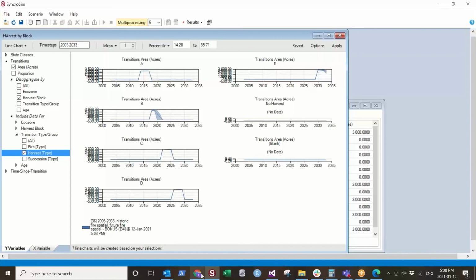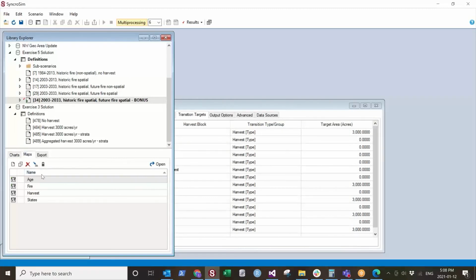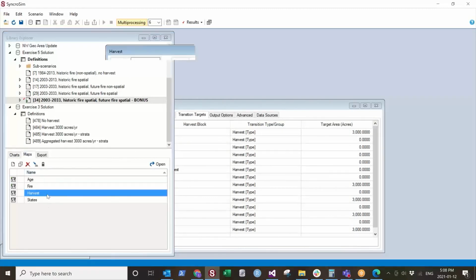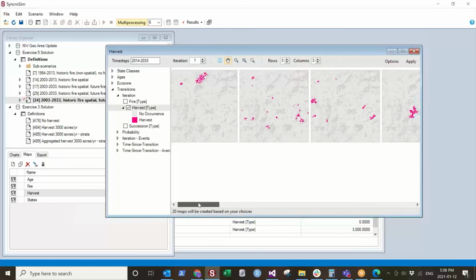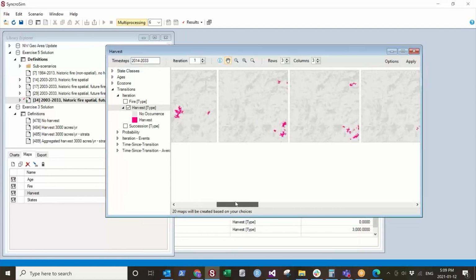As far as the spatial pattern is concerned, we can look at a map of harvest. I'll just move this window out of the way. Again, this is a map of harvest starting in 2014. You can see now we've got the spatial pattern with much larger harvest blocks.